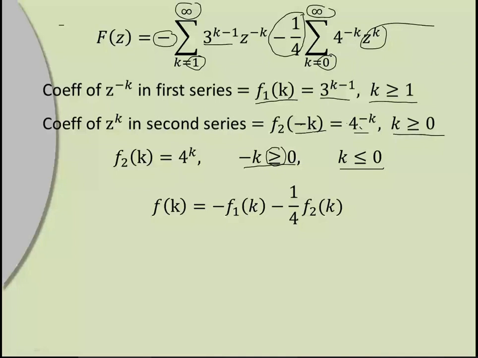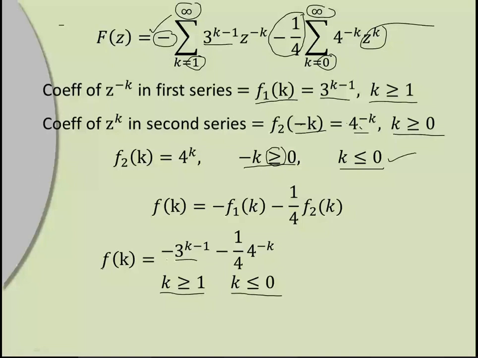So f of k is equal to minus of, here there is a minus sign outside, so it is minus of 3 raised to k minus 1 minus 1 by 4 into 4 raised to k, that is f1 and f2. But for this, k is taking value greater or equal 1, and for the second term, it is taking value less or equal 0.